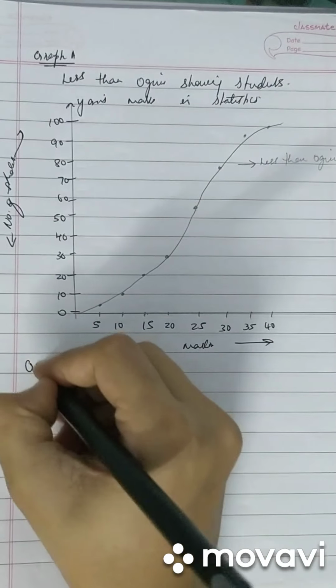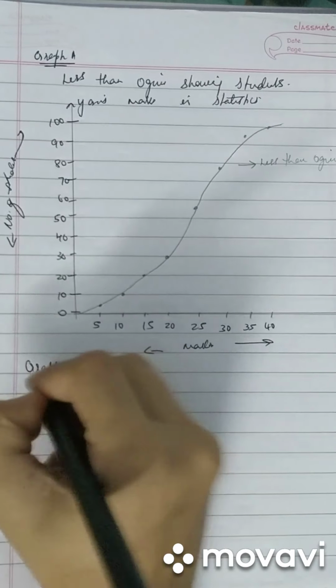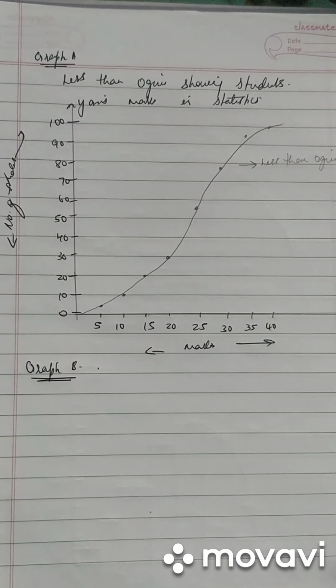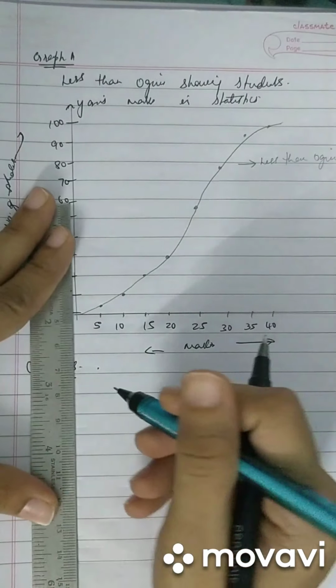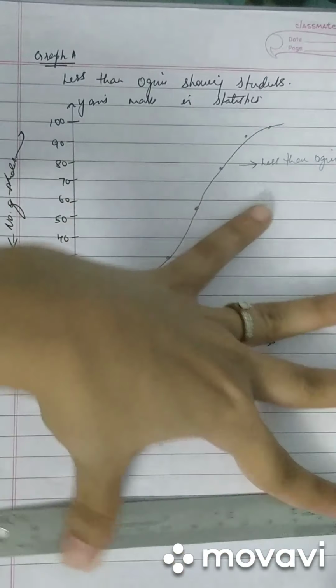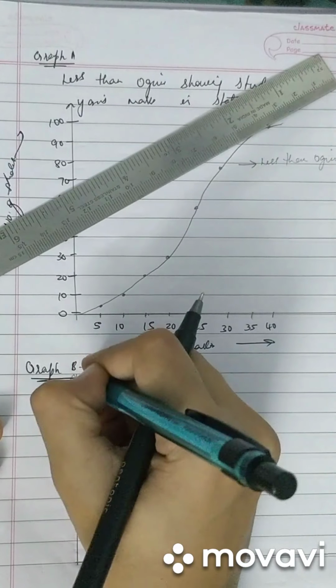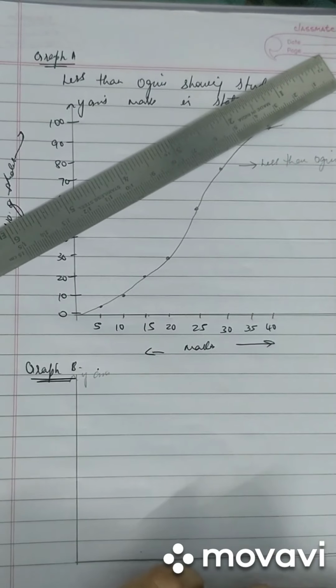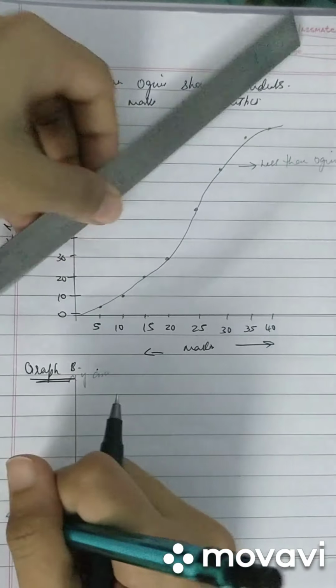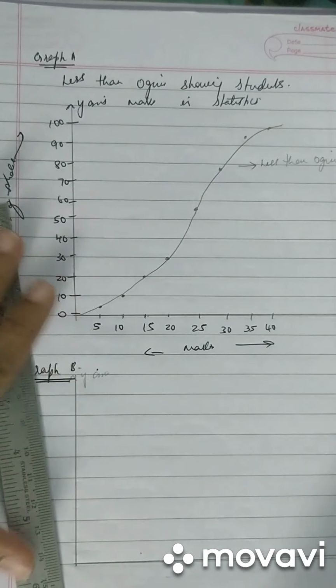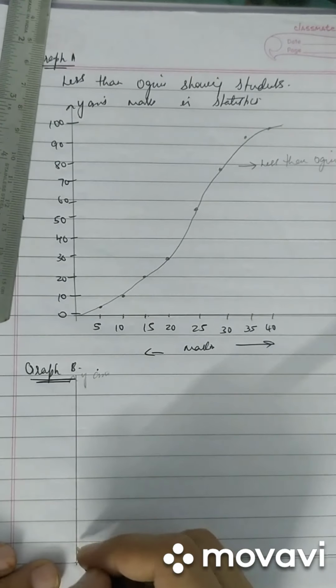Next, do the graph B. Write down the heading: more than ogive, showing students' marks in statistics. Again, we will be having the same thing, whatever we have done before. We have y-axis, x-axis. Y-axis represents number of students, x-axis represents marks.